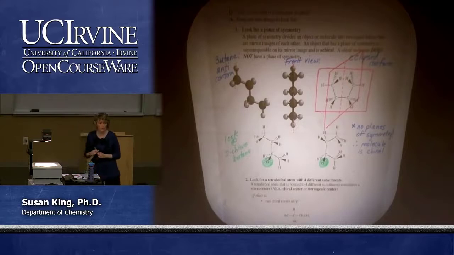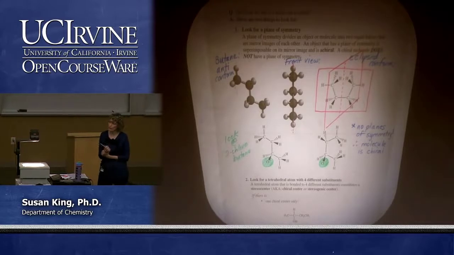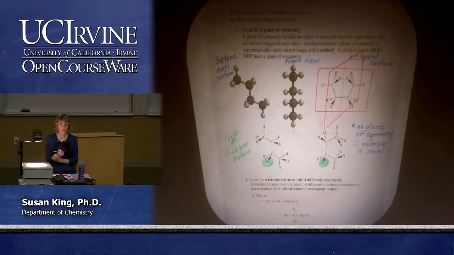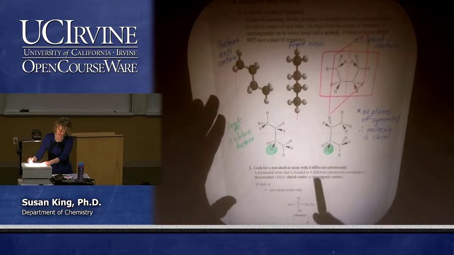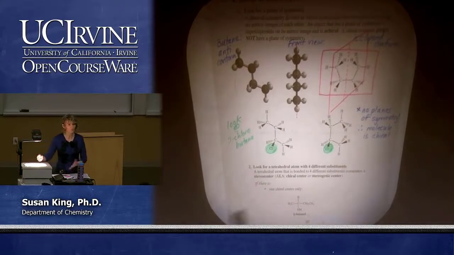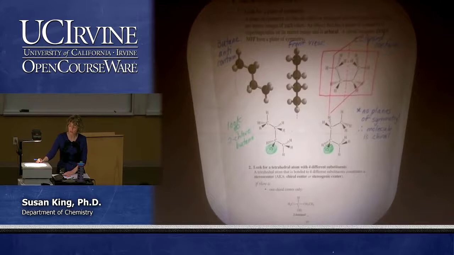We can also look for chirality by looking for a tetrahedral atom with 4 different substituents. A tetrahedral atom bonded to 4 different substituents constitutes a stereocenter, or a chiral center, or a stereogenic center, or you will also see chirality center. All of those terms are interchangeable.